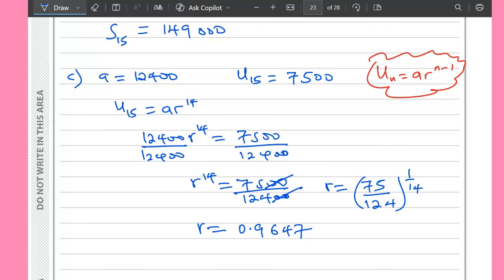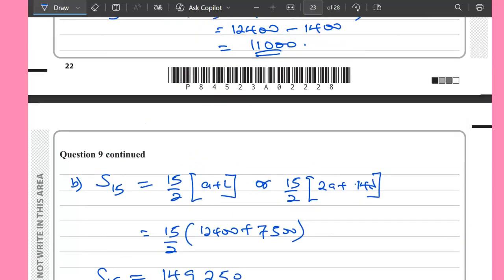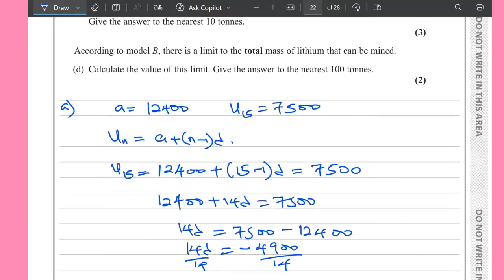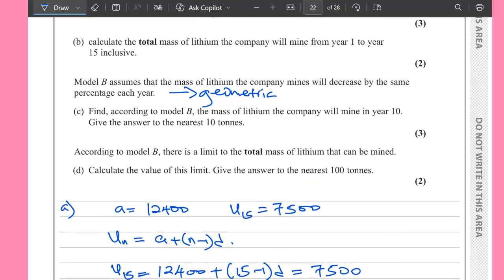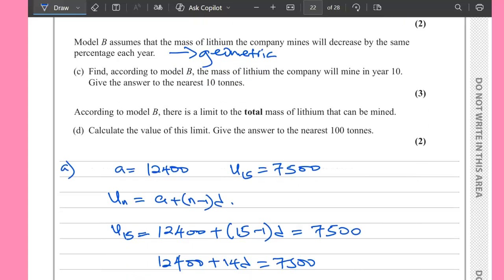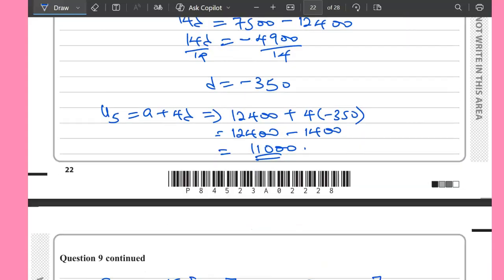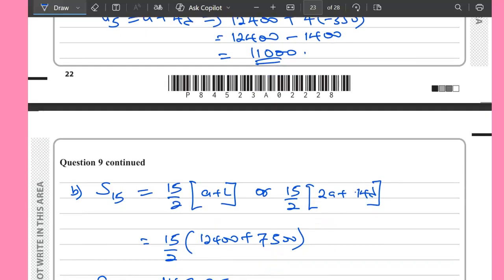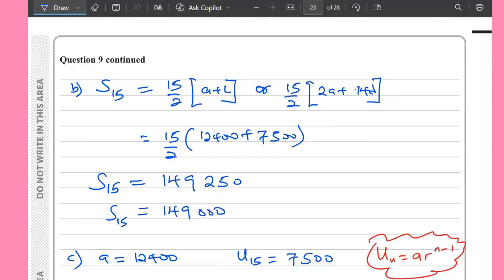Now from the question up here, once we have the value of the common ratio, you're required to find, according to Model B, the mass of lithium the company will mine in year 10, and give your answer to the nearest 10 tons. So part C, what we need to get in this case is the 10th term.